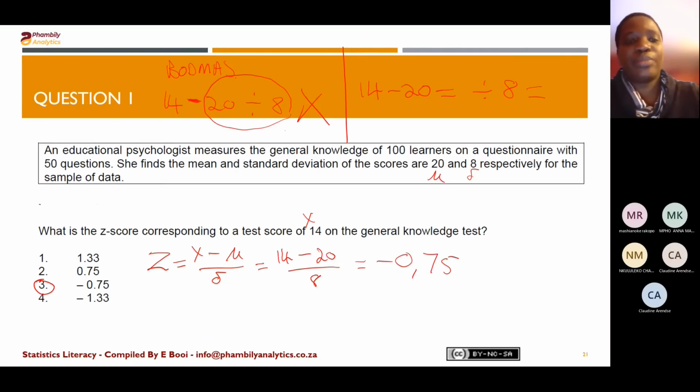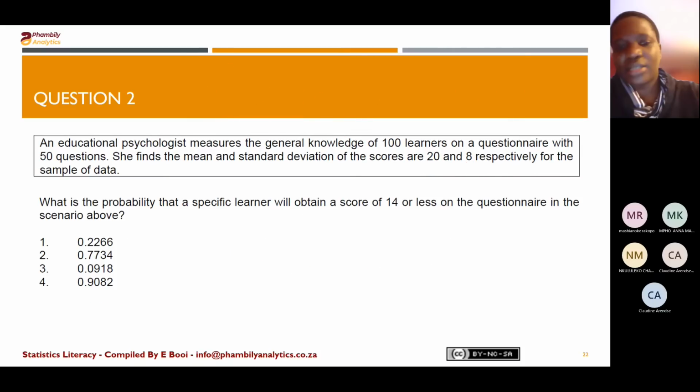Question 2 follows from the same information. So if we calculated the Z-score, because this one says find the probability that a specific learner obtains 14 or less on the questionnaire. So what does that mean? It means you need to go and find the probability that X is less than or equal to 14.